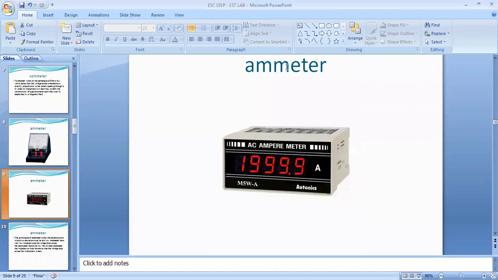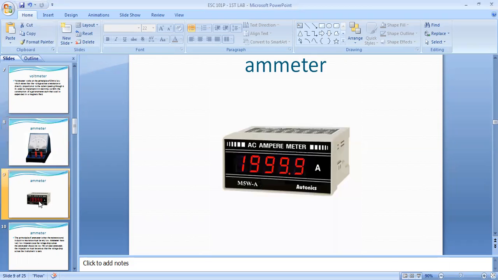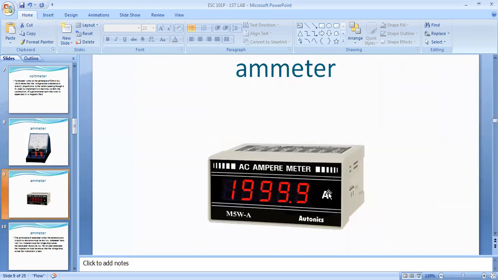Now like this, this is the analog ammeter, and the scale is 1 to 3. Now go to the digital ammeter. This is the digital ammeter. How do we identify it as the ammeter? Because A is there, you can clearly see.